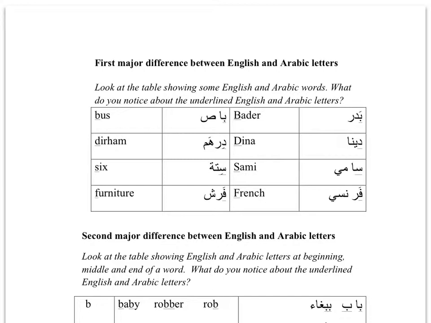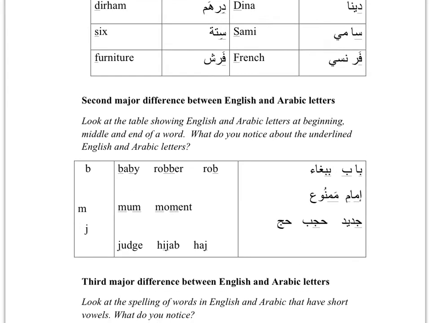We have what are called capital letters or uppercase letters and lowercase or small letters. And you can see here that when we compare the B in English, we have for the name Badr, a capital B, also for Dina, Sami, and French. But we don't have this in Arabic.